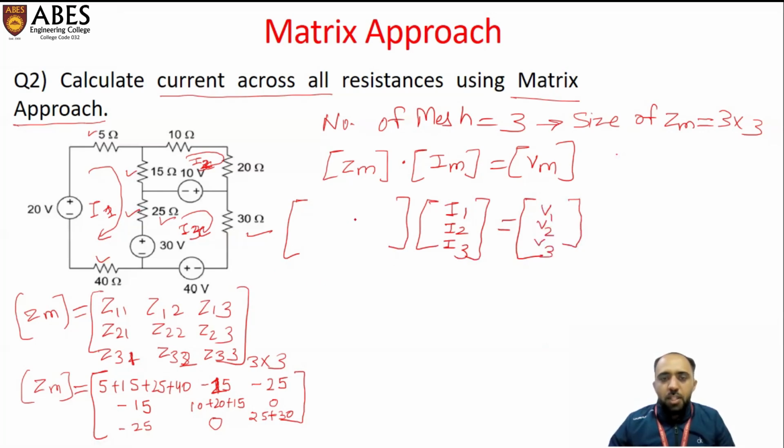And also we can write these values: minus 15, minus 25, 0, 0, 25 plus 30 which is 55 ohm, minus 15, minus 25, 45, and this resistance I can write as 85 ohm.